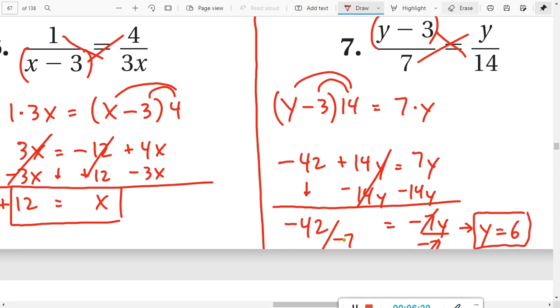And of course, if you're not comfortable with that, you can always keep the y's negative. I could have done plus 42 on both sides and minus 7y on both sides, and I would have gotten 7y equals 42. I would have got the same answer.